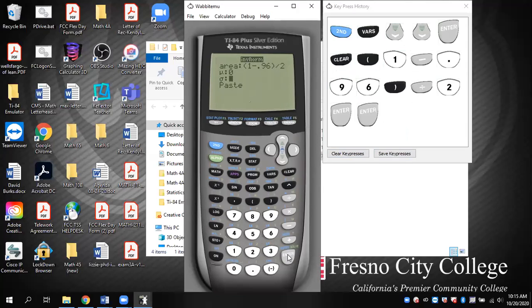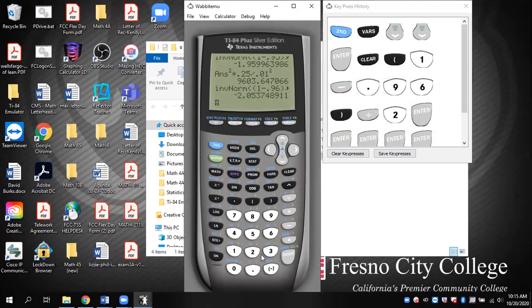The 0 and the 1 are already there for the other two spots. So there's my inverse norm. Now remember, it's very important: as soon as that appears on the screen, don't hit anything else. Hit second answer, because then you grab that exact answer that was just on the screen to the second power, and you got to go right arrow to get out of the power zone.